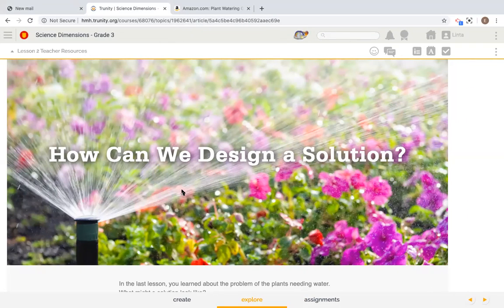How can we design a solution? Can you tell me what you see in this picture? Yes, we can see flowers, we can see water, and what else? There's a tool over here. This is what we call irrigation system.